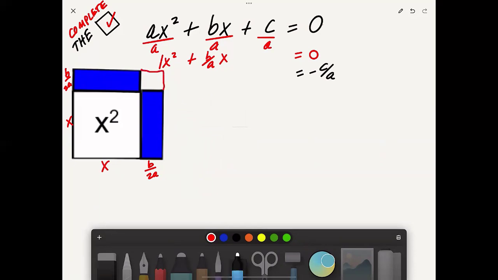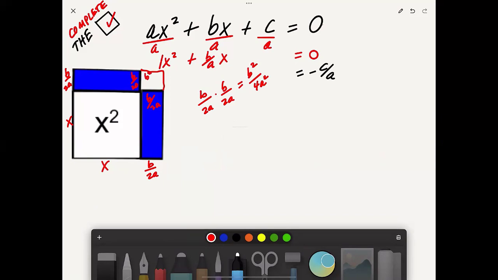It's b over 2a times b over 2a, so this is going to be b squared over 4a squared. That's this little piece in here.